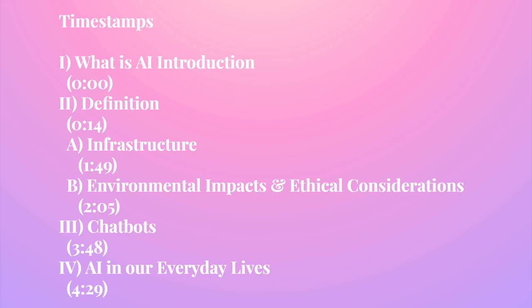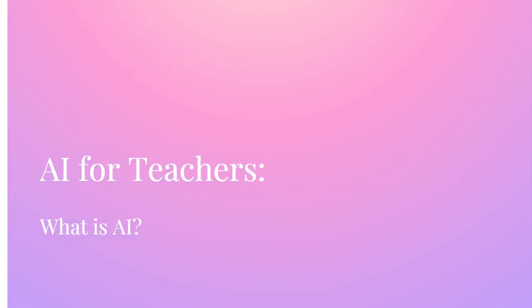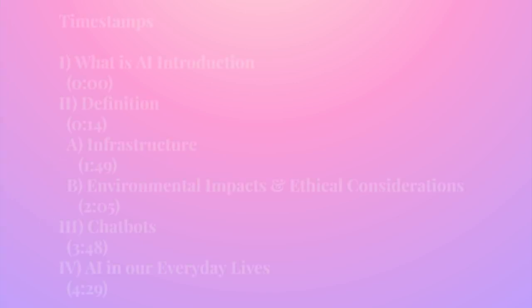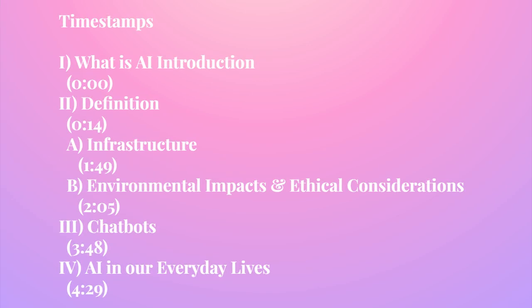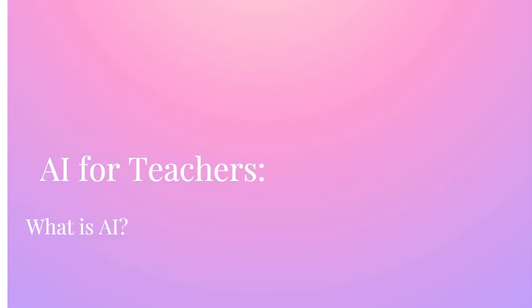Alexa does a similar thing. Siri does a similar thing, except you verbally speak to those AI. Grammarly, you type into your computer and it can correct your grammar. It can offer suggestions and ideas, right, based on the models it's trained on and what it knows about your voice and what you're trying to communicate through your writing.